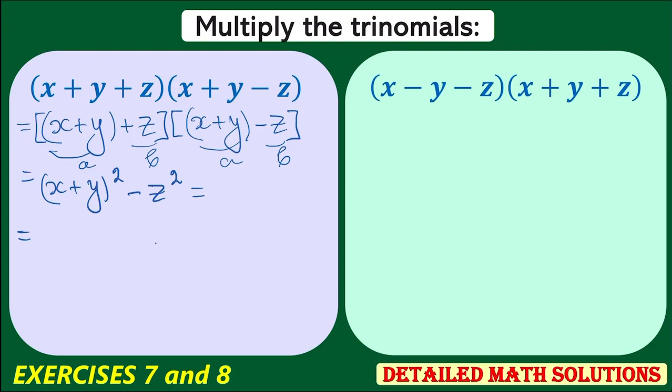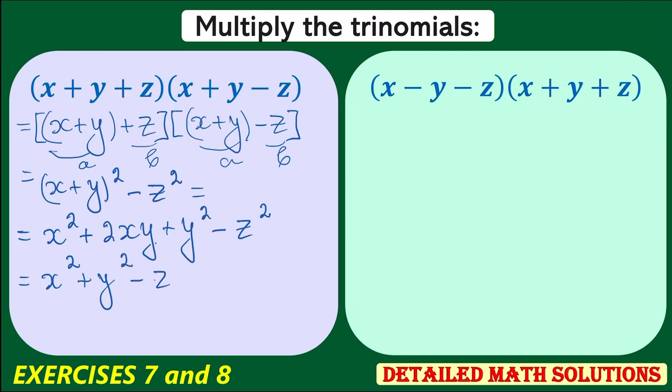In other words, this expression will equal x squared plus 2xy plus y squared minus z squared. Lastly, I'm going to write this polynomial in standard form. It equals x squared plus y squared minus z squared plus 2xy.